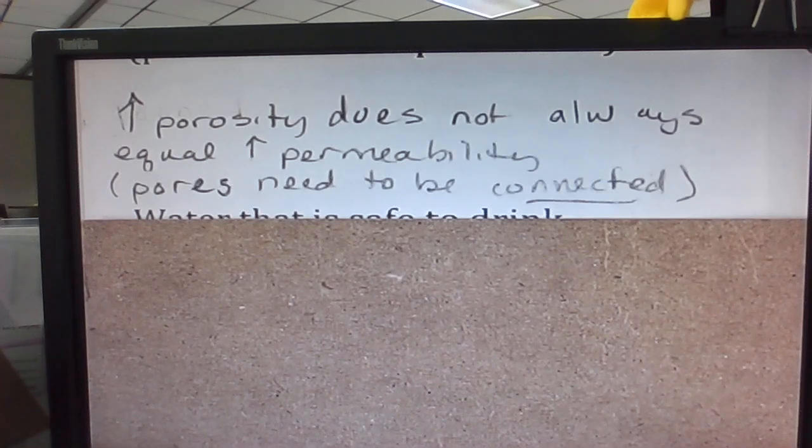The pores have to be connected in order for the sample to have permeability. Increased porosity does not always equal increased permeability. The pores need to be connected.